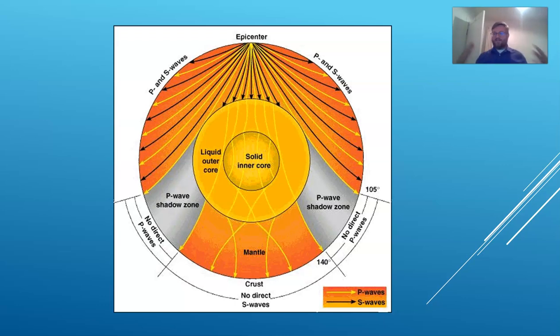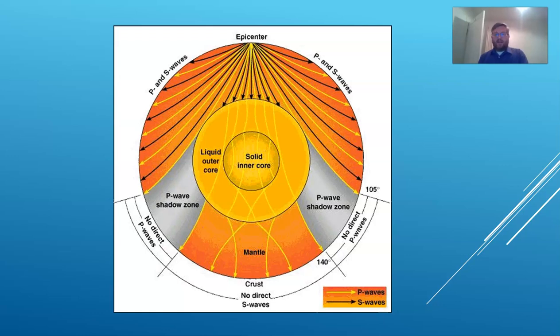There's a lot going on beneath the surface that we can't directly see or directly access. I mentioned in the last lesson that the deepest that we've been able to dig, we're still in the crust of the Earth. So how do we know what's below that? How do we know about the mantle and the core and the asthenosphere and all these other things down there? Well, one of our big sources of information is seismic waves.